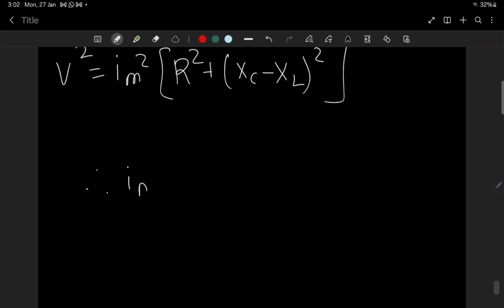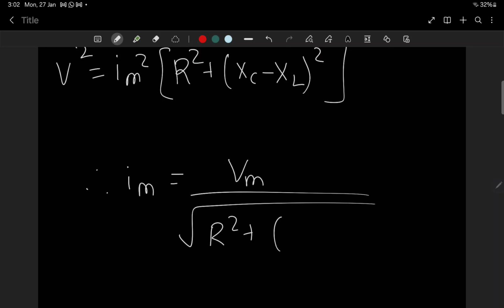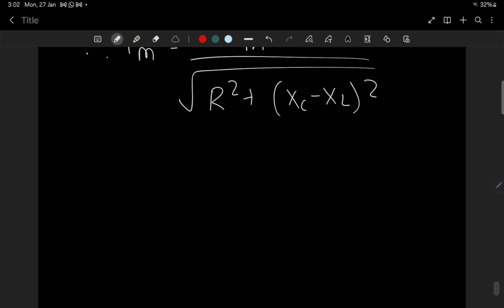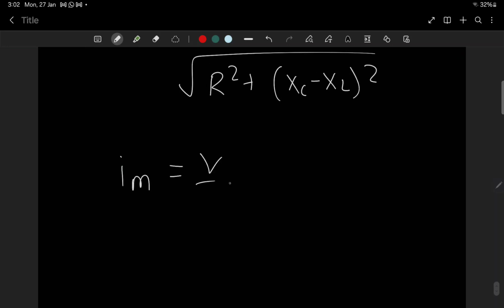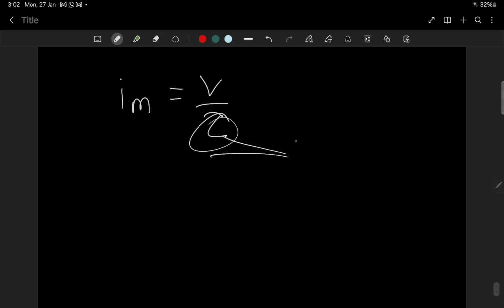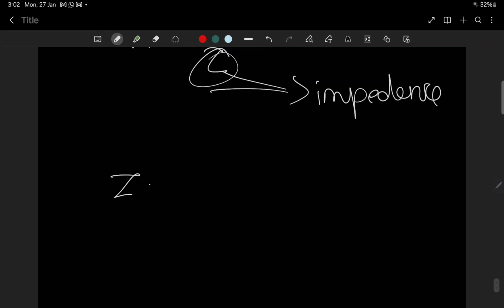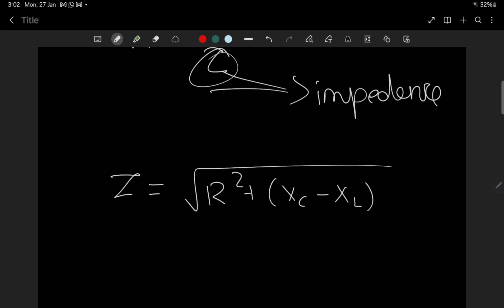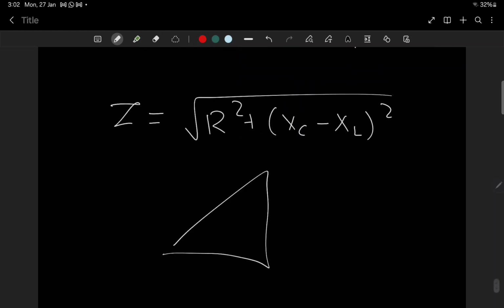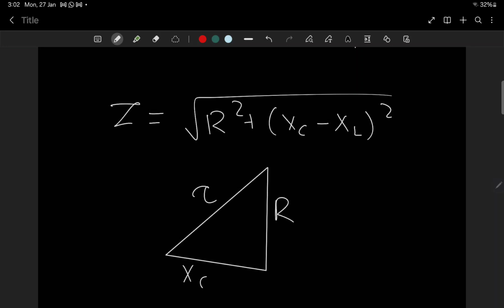Therefore Im is equal to Vm by root of R square plus Xc minus XL whole square. And this denominator we can write as V by Z, where Z is called the impedance of the circuit. So impedance is root of R square plus Xc minus XL whole square.